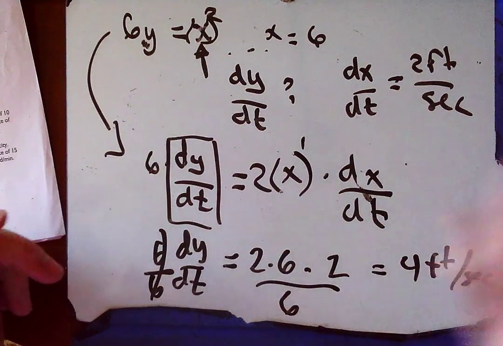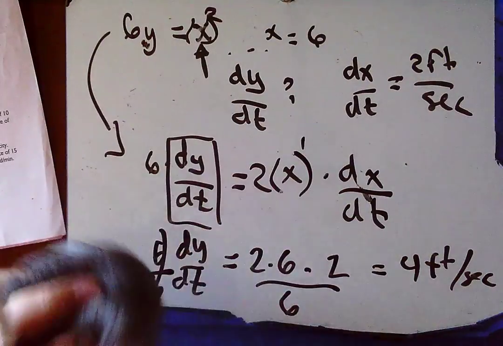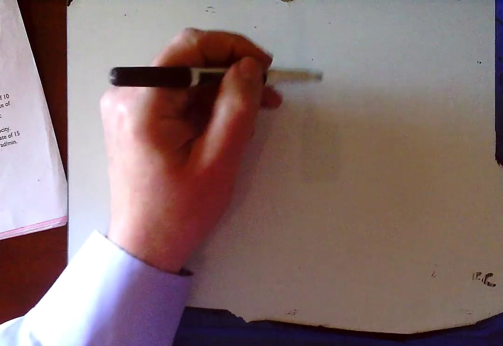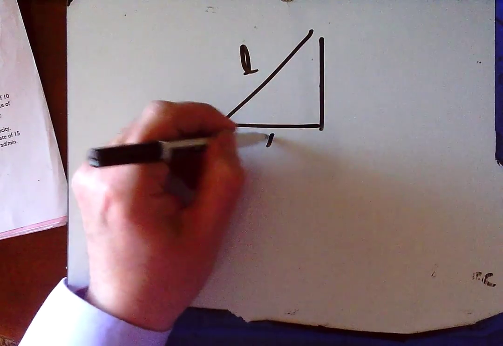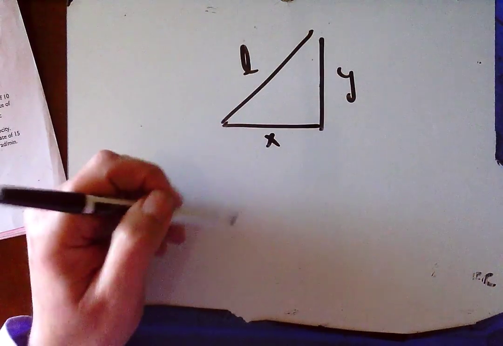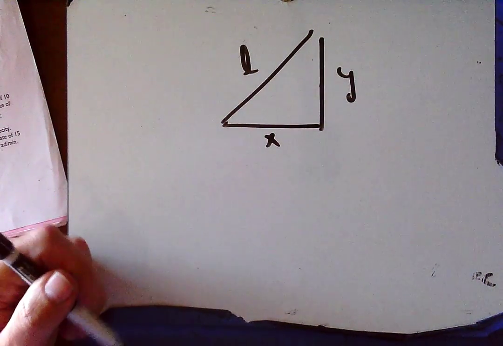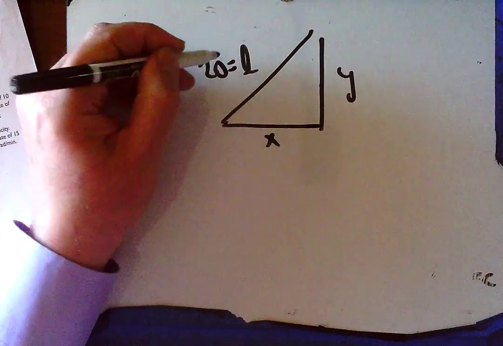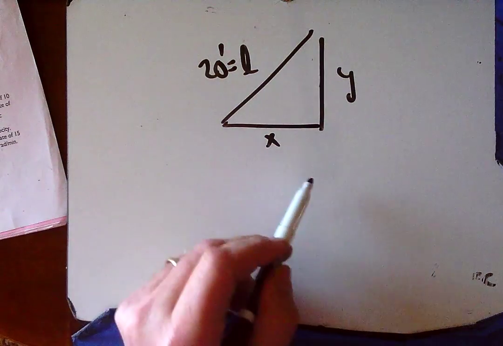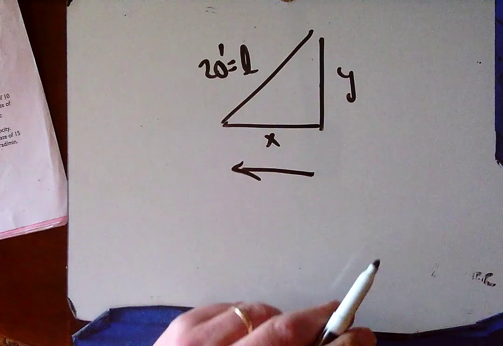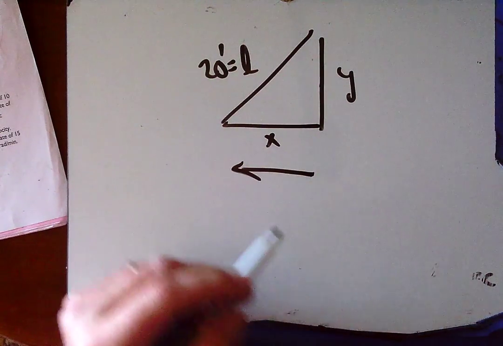What's next? 3. The bottom of a 20-foot ladder is sliding across the ground at a speed of 3 feet per minute. So here's my ladder, and I'm going to call this x, I'm going to call this y. And what did they just tell me? Well, at first they told me that the ladder is a constant 20 feet, but they also told me that this is sliding along the ground at 3 feet per minute.